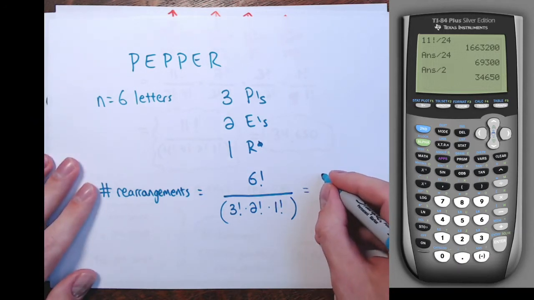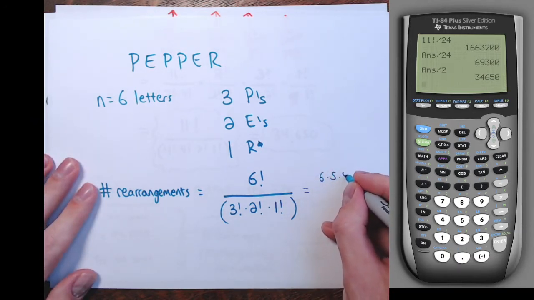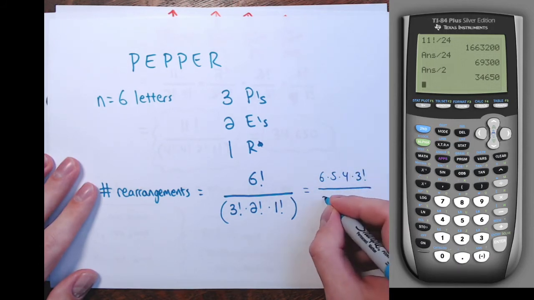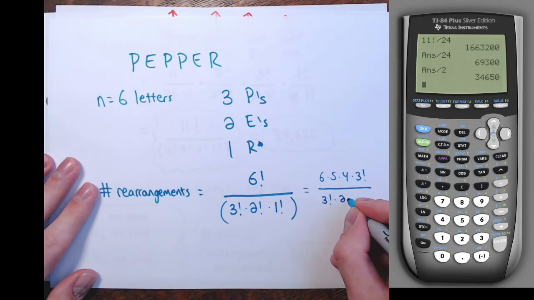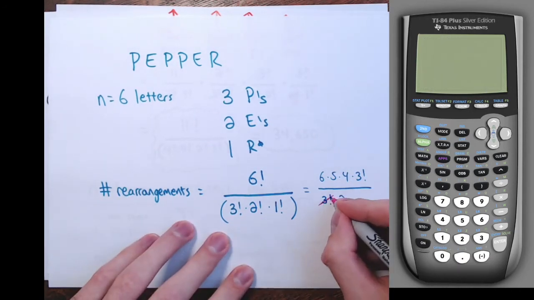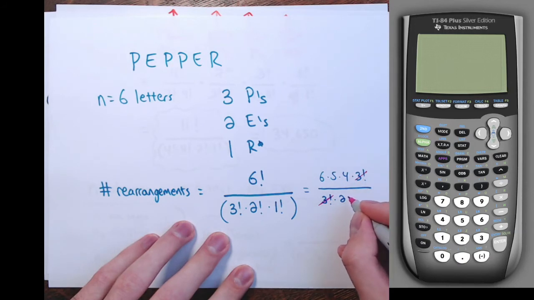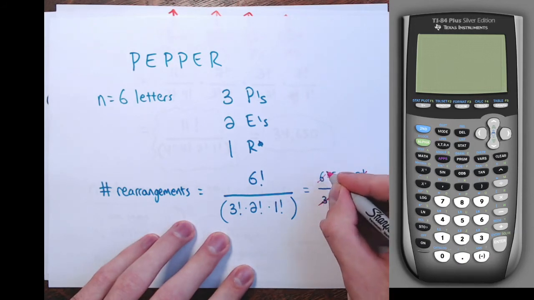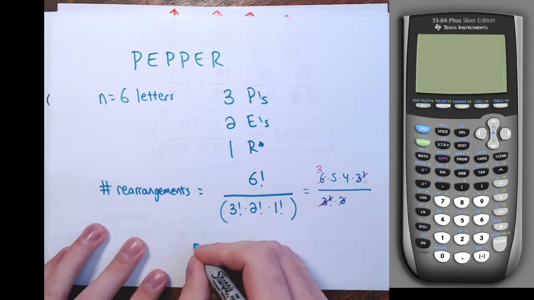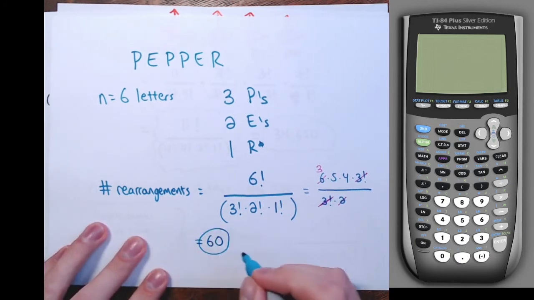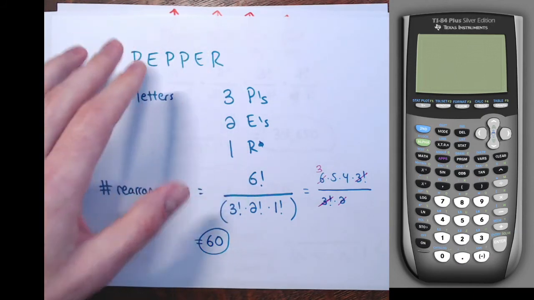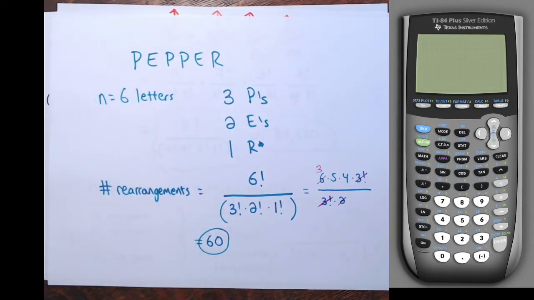And if you'd like, this is 6 times 5 times 4, times 3 factorial. So you got the 3 factorial down here. 2 factorial is just 2. And some things are canceling. The 3 factorial goes, 2 goes into 6 3 times, and you got 12 times 5. This is 60. Or you could have punched this in a calculator. So there'd be 60 different looking ways to rearrange the letters of pepper.